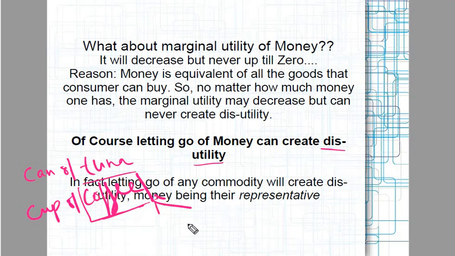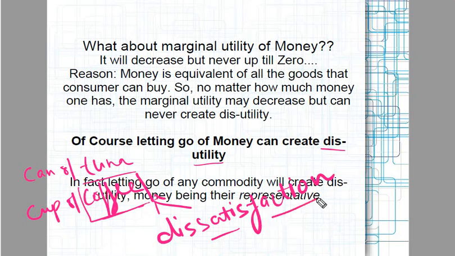How much dissatisfaction will you bear? This is where the idea of utils comes to our rescue. Even though it's artificial, we can use this concept to solve this problem.